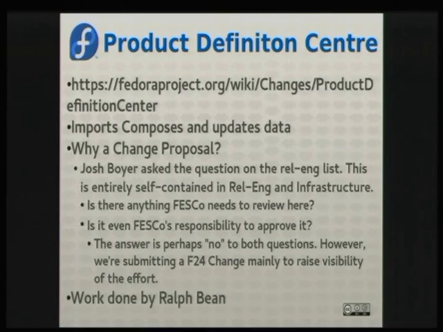So the next thing I'm going to talk over real quick is the Product Definition Center. It's a new piece that Ralph Bean worked on. It basically is a web front end and API for tracking everything that's in a compose: all the RPMs, the artifacts, et cetera.